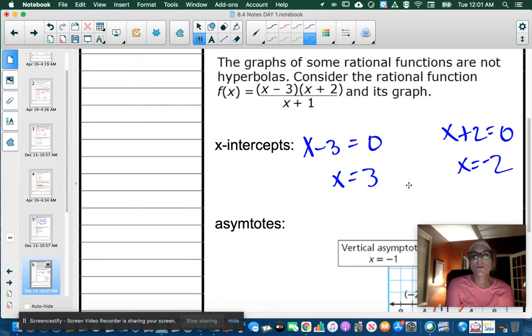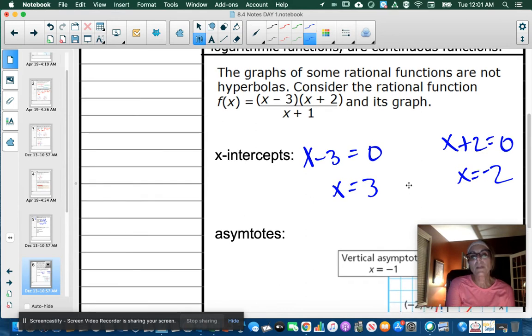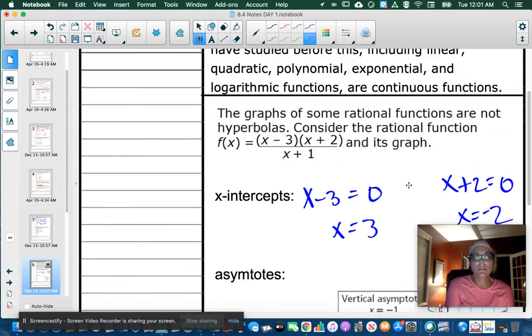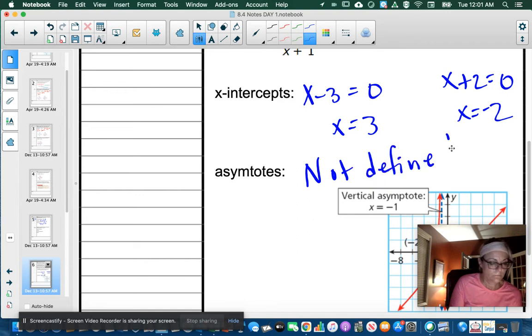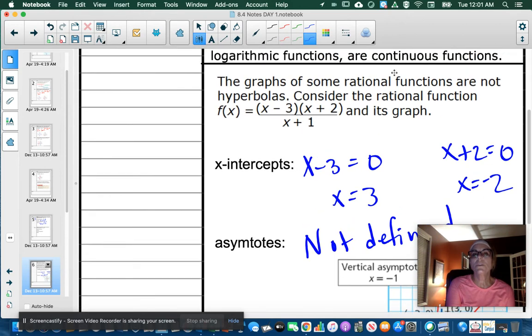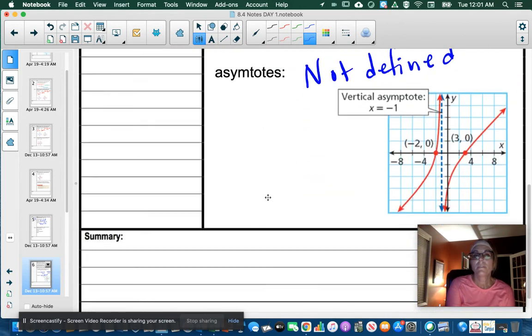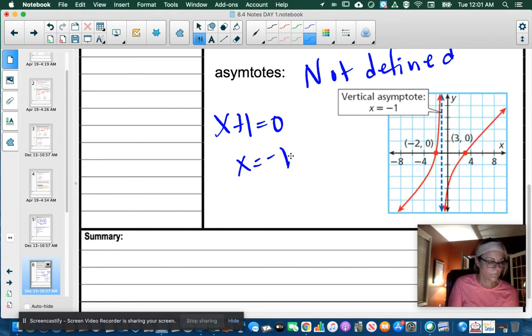The asymptote reflects where the function is not defined. And so in this case, we look to see where the denominator is equal to 0. And that's at -1.